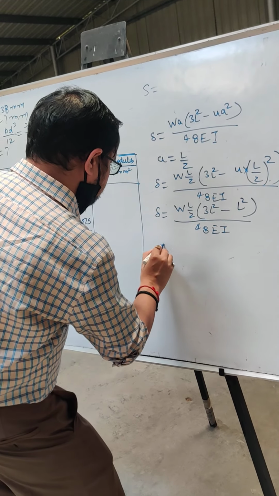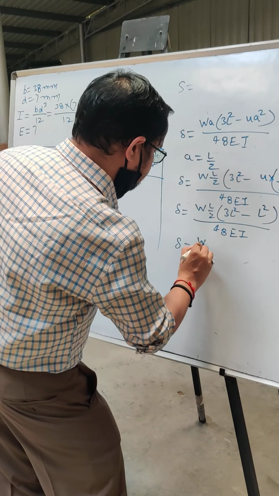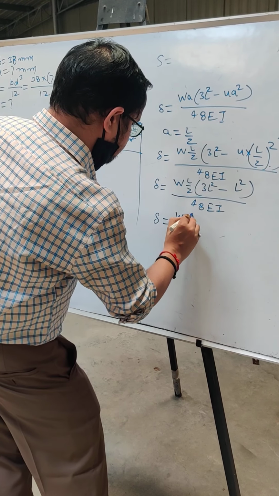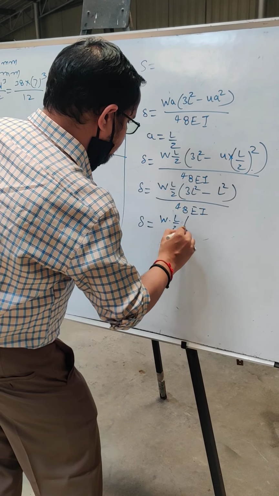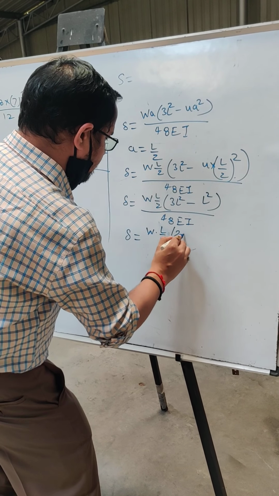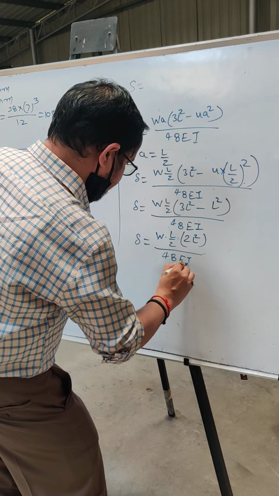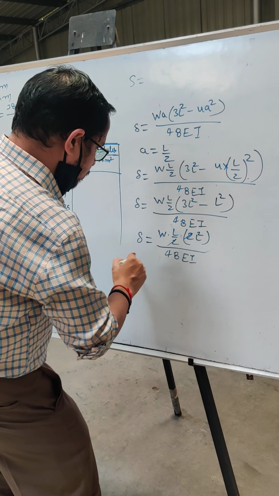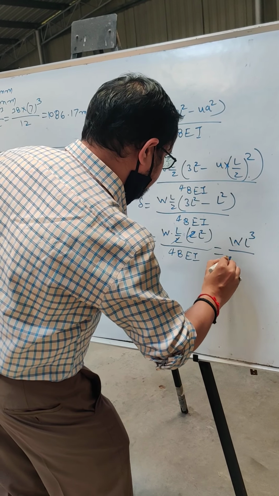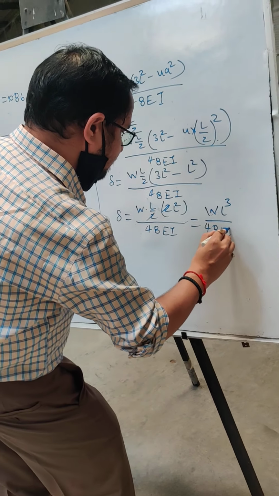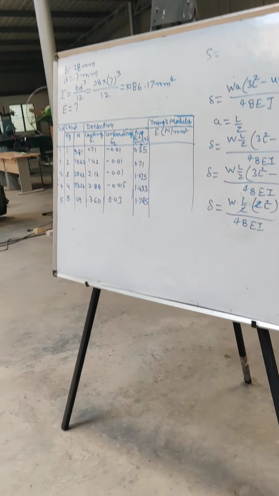The 4 is cancelled, 3L square minus L square is 2L square, and the 2 is cancelled out. So W L cube divided by 48 EI. This is our deflection formula for the simply supported beam.